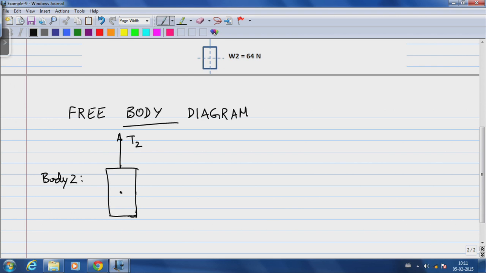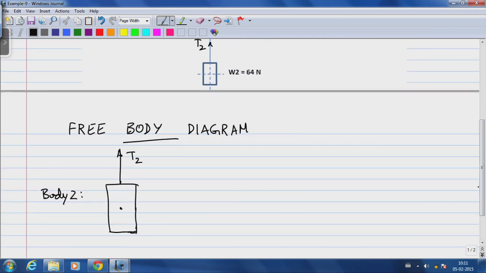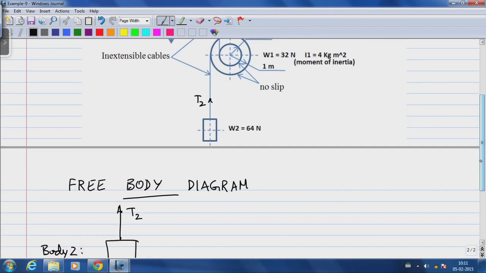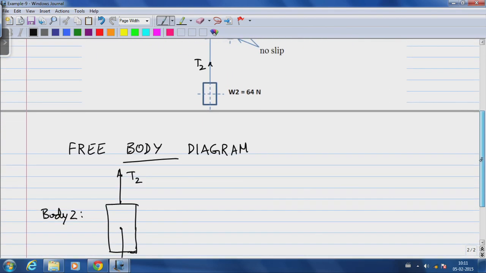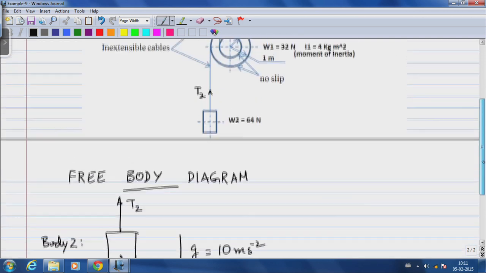So I am going to call the tension in cable 2 as T2, and the only action that the cable has on this body 2 is to exert a force T2 on the body 2. Okay, and the weight is known, that is 64 newtons, and for all these problems I am going to assume g is 10 meters per second squared, as we said earlier on. We are not going to complicate the derivations.